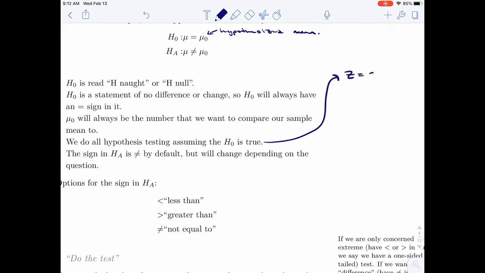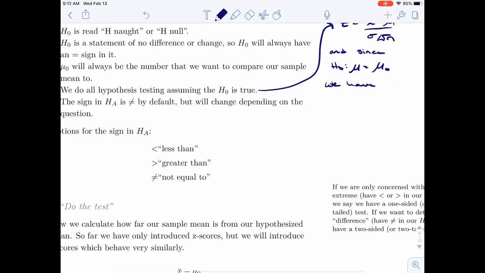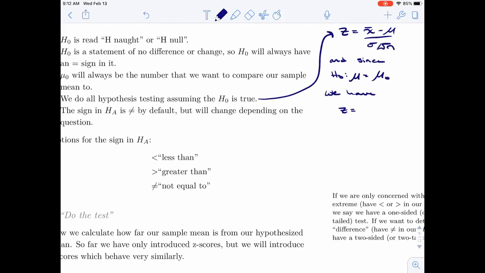So z is x bar minus mu over sigma over root n. And since H naught is that mu is equal to mu sub 0, we have z is x bar minus mu sub 0 over sigma over root n.